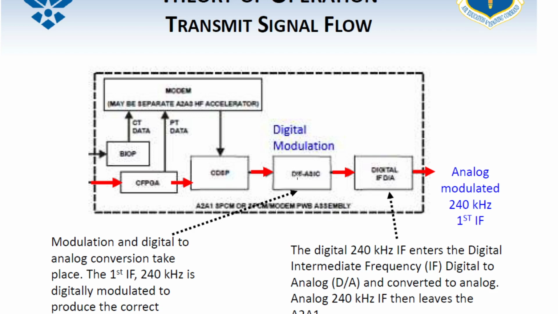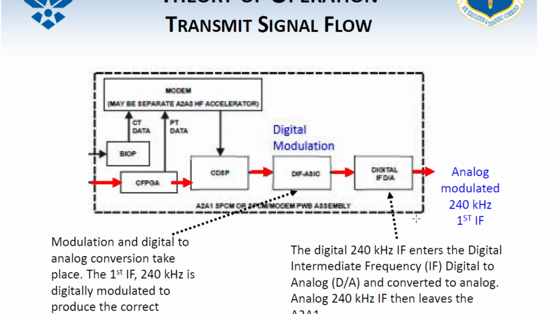It modulates, before the digital to analog conversion takes place, and it's the first IF being created here. It's a 240 kilohertz digitally modulated produced waveform. That's what this does. It's going to give us this 240 kilohertz, but it's not in analog format yet. So we need to pass it on to the digital IF D/A, digital intermediate frequency, digital to analog converter. That's all this thing's doing. It's a little converter, taking it, turning it back to analog.